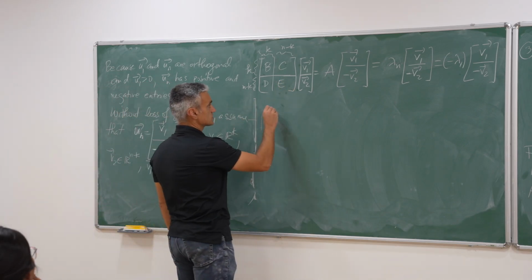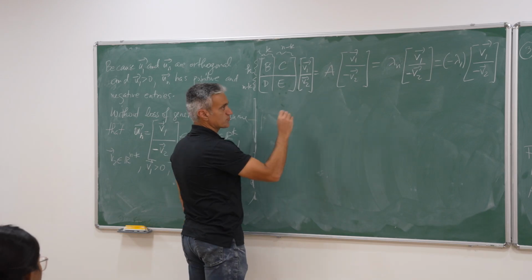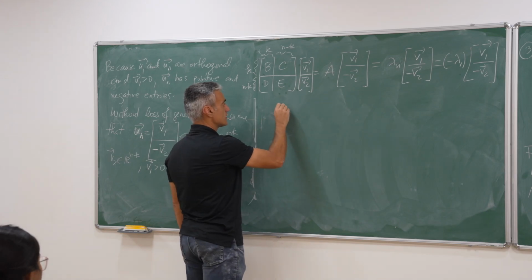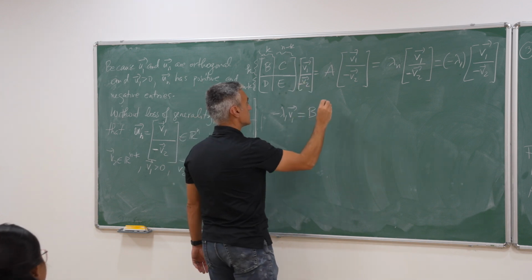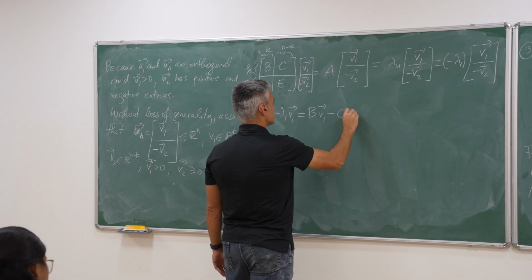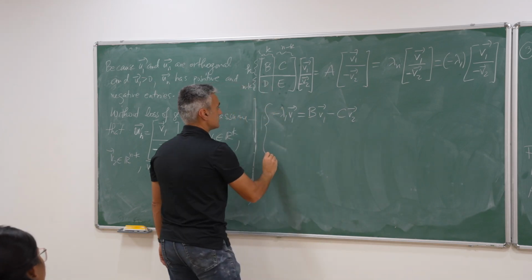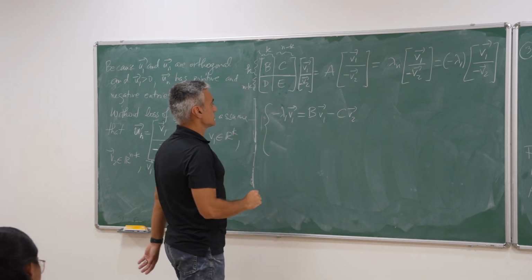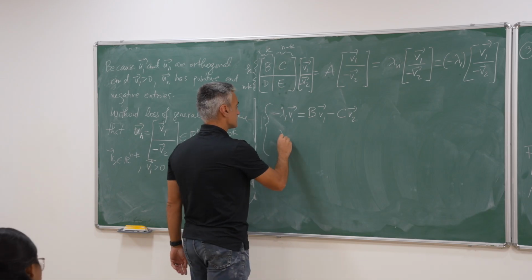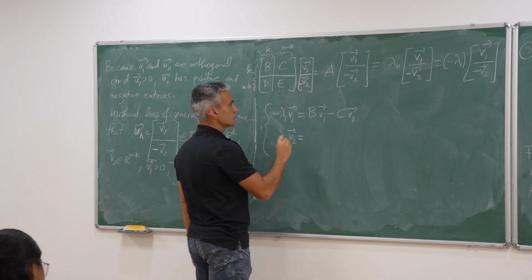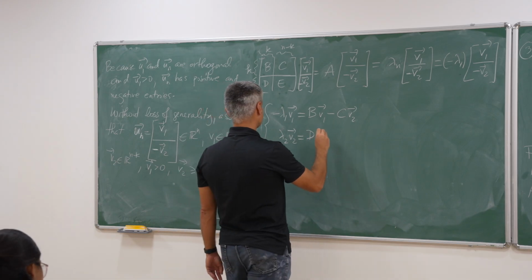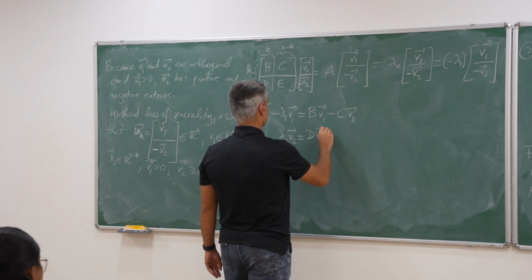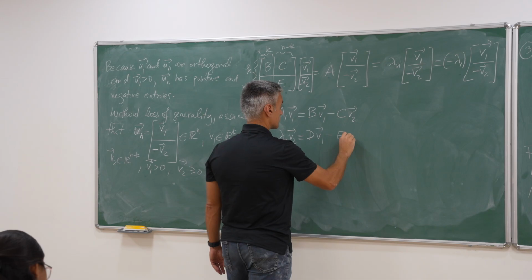Okay? So for now, you do some algebra and you expand this. If you do the calculation, starting from the right, you get minus lambda 1 v1 equals B v1 minus C v2. And then the other one is going to be lambda 1 v2 equals D v1 minus E v2.